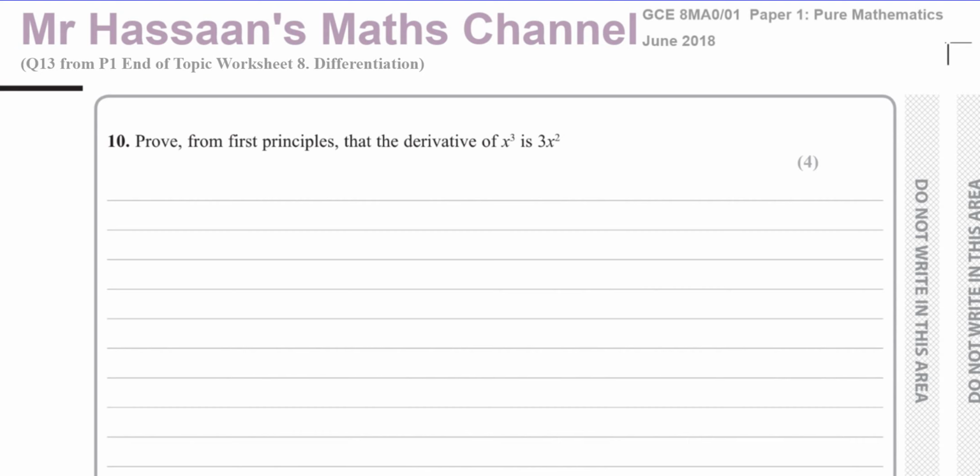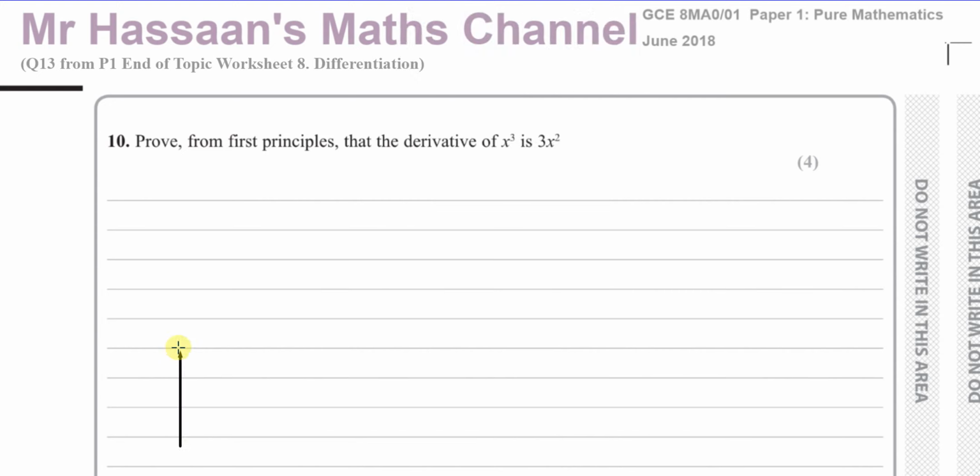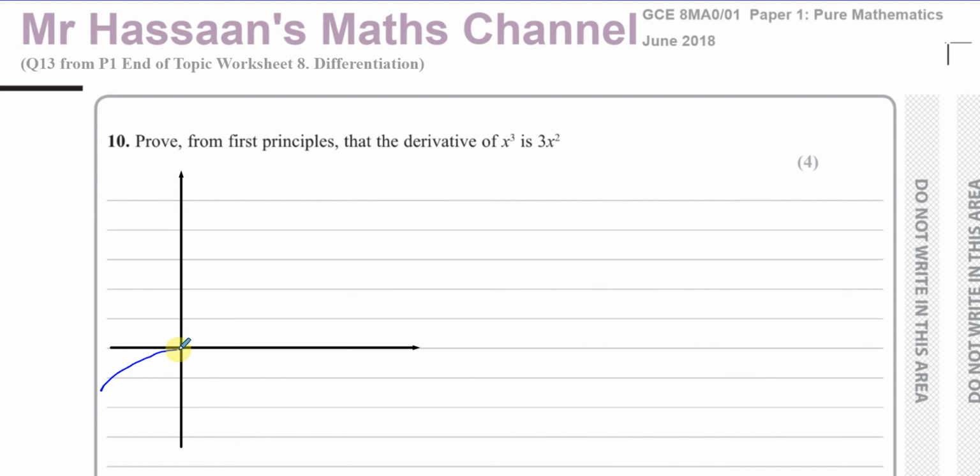Okay, to make it more understandable, I'm going to make first a little sketch of a part of the curve y equals x cubed. It comes from underneath, and there's a point of inflection at the origin with zero gradient, but then it goes up and starts to rise quickly.